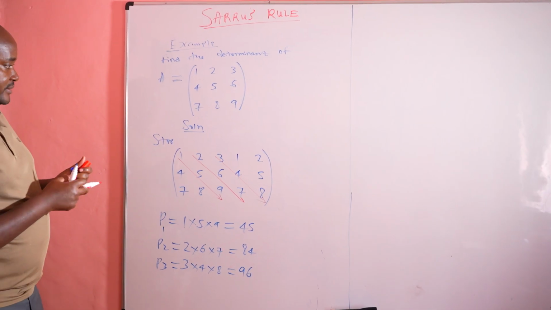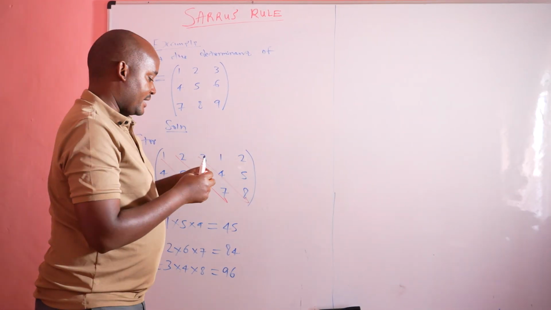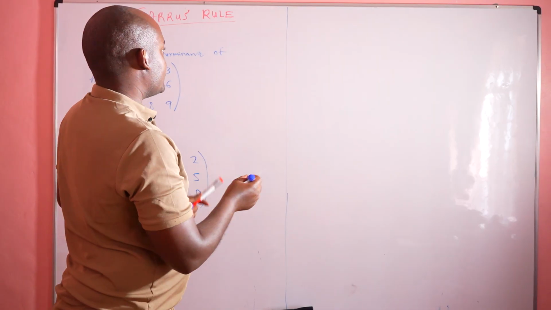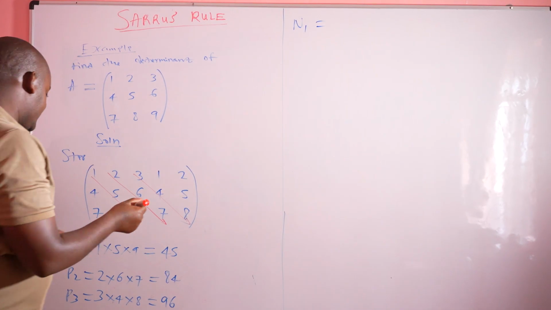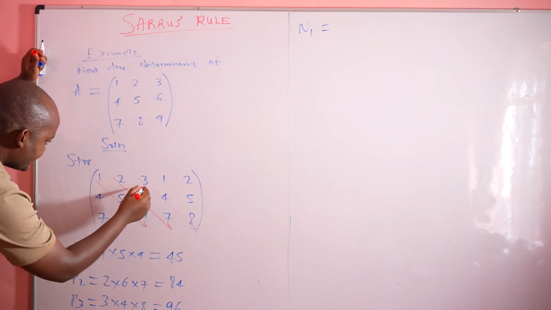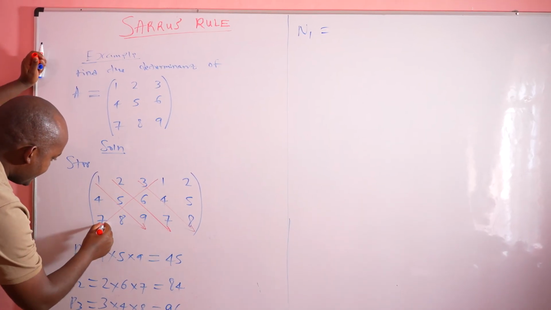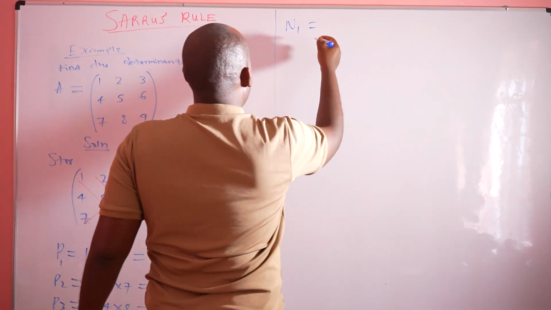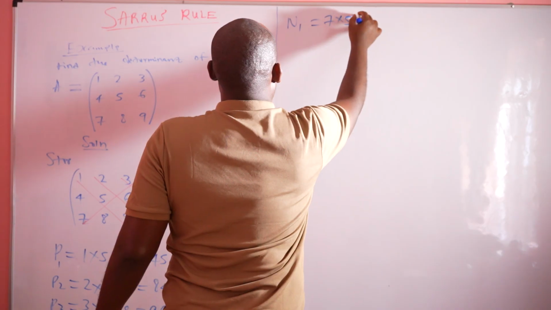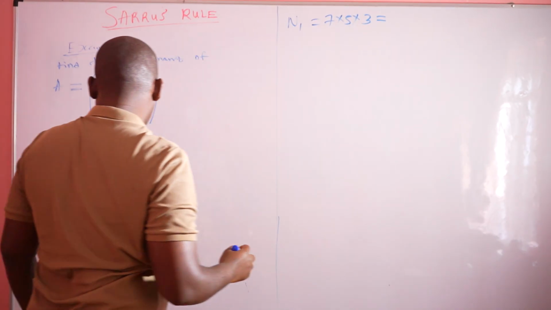Next, we compute the values of N1, N2 and N3. So for N1, it will be the product of these diagonal elements. So the first diagonal is that one, and this will be equal to 7 times 5 times 3.